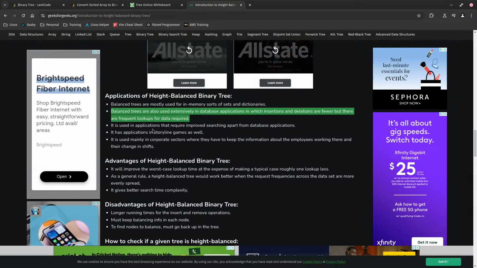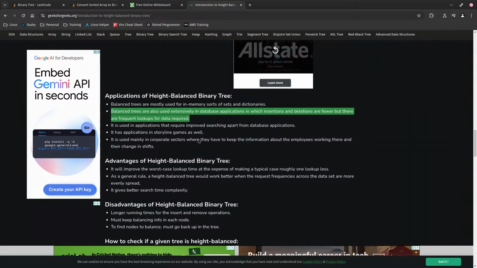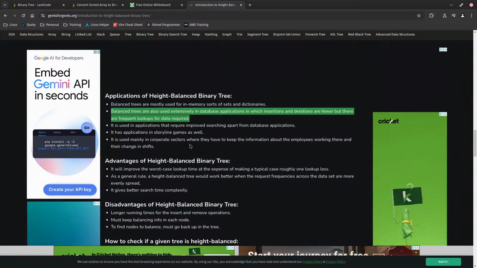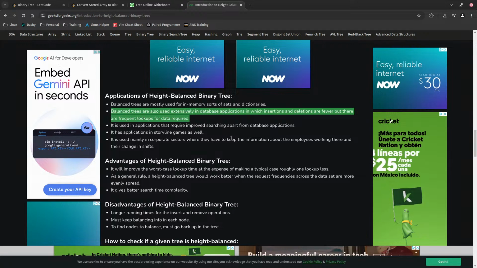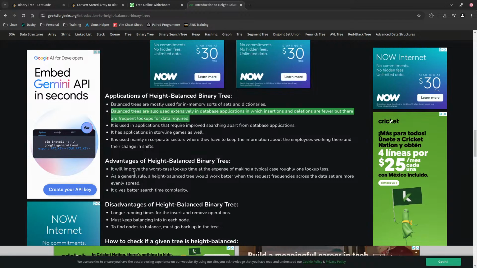It is used in applications that require improved searching apart from database applications. It also has applications in storyline games as well. It is used mainly in corporate sectors that have to keep information about the employees working there, changes and shifts. Advantages of the height balanced binary tree.